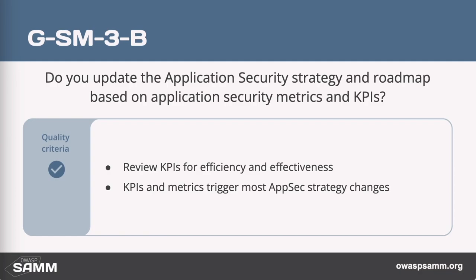We don't abandon that, but it stops being strategic focus because we've got where we want it to be. Even if it doesn't change the direction of the enterprise, the feedback from the KPIs should be changing what we're focusing on. And that is largely what the second bullet indicates. So your metrics and your KPIs trigger most of your AppSec strategy changes.